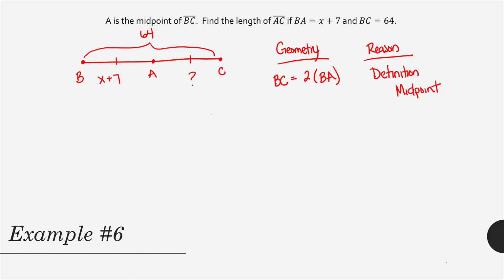Okay? Because the left side equals the right side. Now I'm going to go through and plug in all my values that I know. BC is 64 and BA is x plus 7. Solve for x. I'm going to first distribute my 2.